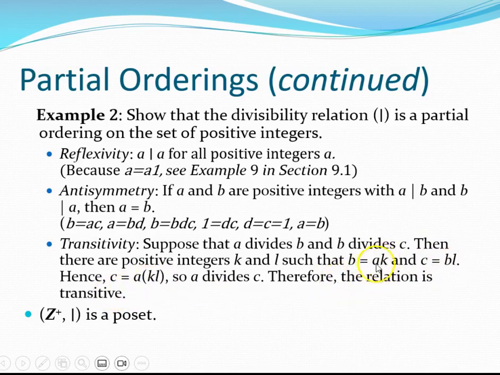And again replace here b with ak. We have c equals akl, which means that a divides c. So the relation is transitive and it is a partial ordering, so Z plus is a poset with respect to this relation.